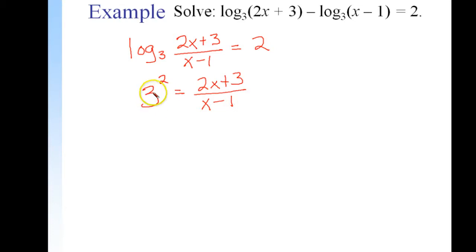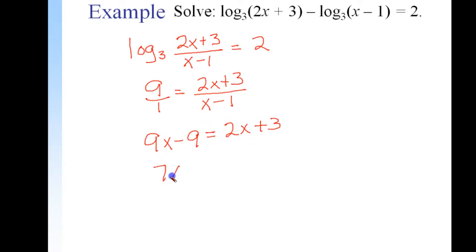Now, what is 3 to the second power? We can just save a little room here by saying that is 9. And that's 9 over 1. And we can cross multiply now. We get 9x minus 9 equals 2x plus 3. Just cross multiplying.